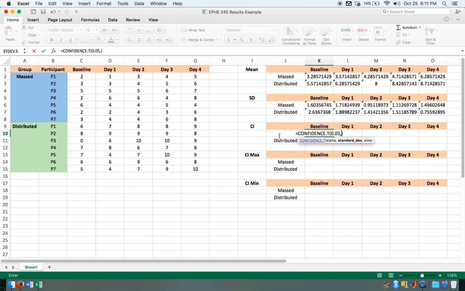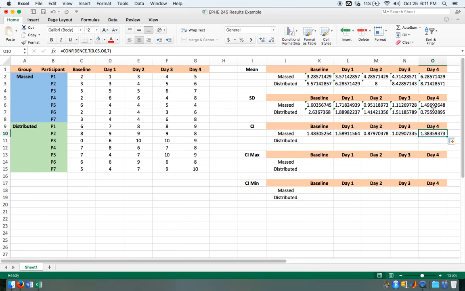The standard deviation for the mass baseline group is up here. We just calculated it. And then our size is the size of people in that group. So here we have 7 people in that group. Okay, so 7. So again, I can pull it across, and then I get my confidence interval for each group on each day. Now what's different here is actually I can pull it down as well.